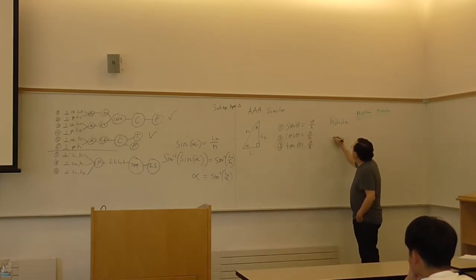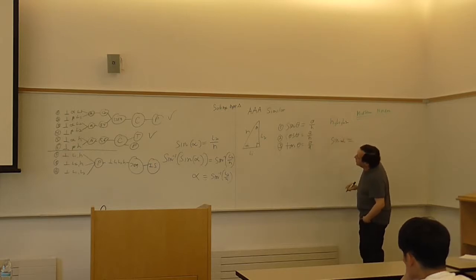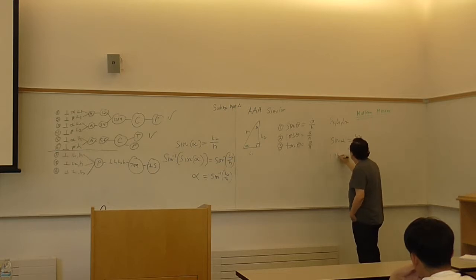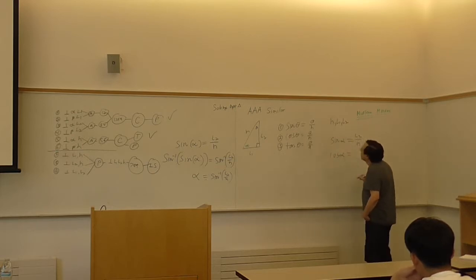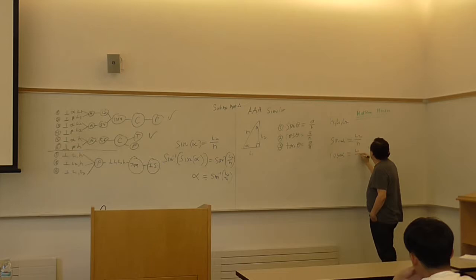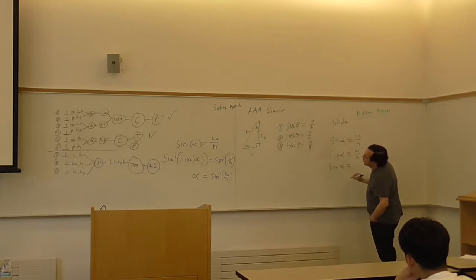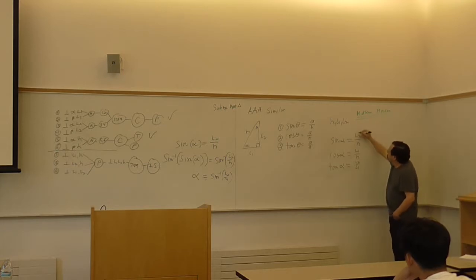So let's say the sine of alpha is, what did we decide? That's L2 over H. Cosine of alpha is L1 over H. Tangent of alpha is L2 over L1. Okay. And again, these are the things we know, right?